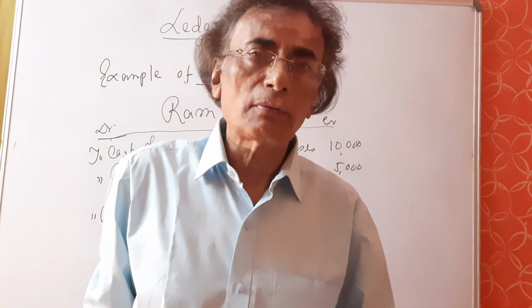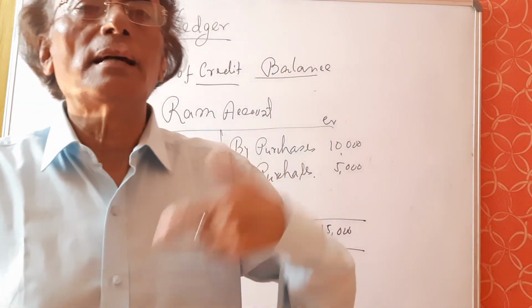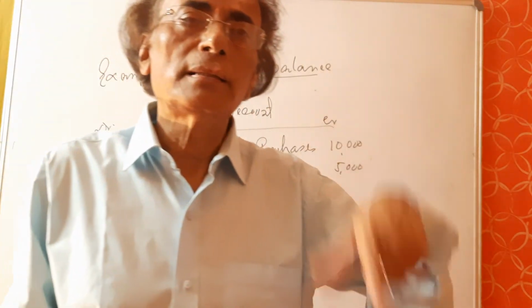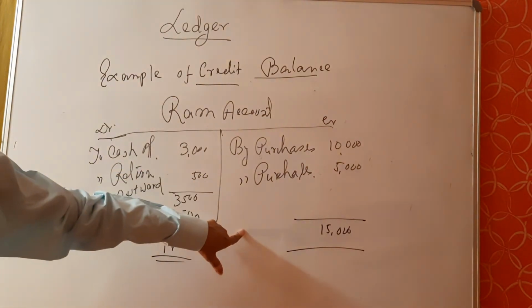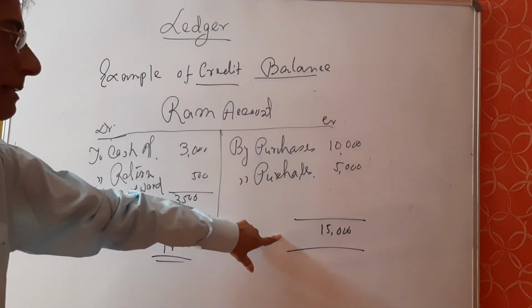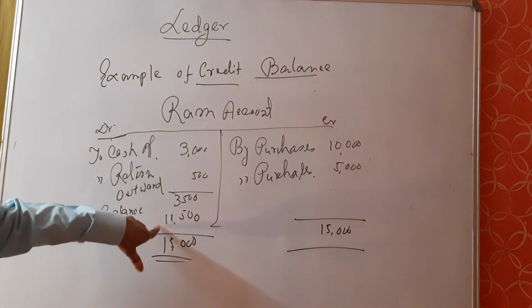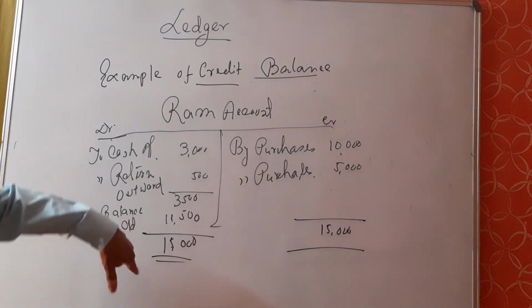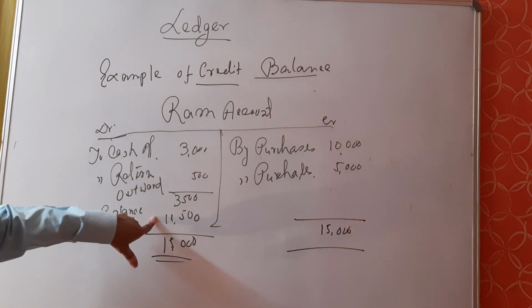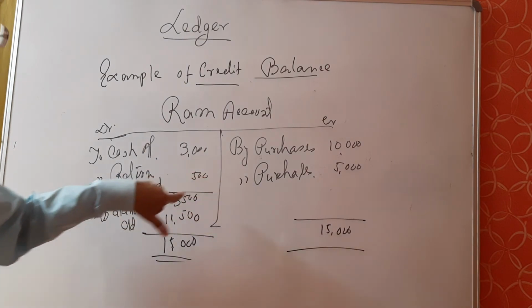And if it is otherwise, that is, if credit side is higher than its debit side, it represents credit balance, which is evident from the Ram account, which represents credit balance. As the credit side is higher than its debit by 11,500, we write the difference on the opposite side to bring out the difference, but this is credit balance, as the credit side is higher than debit.